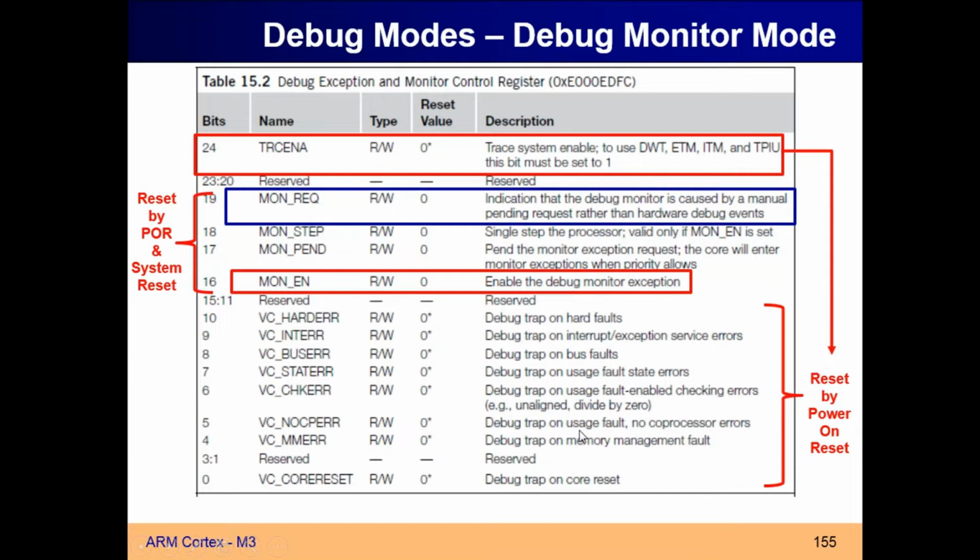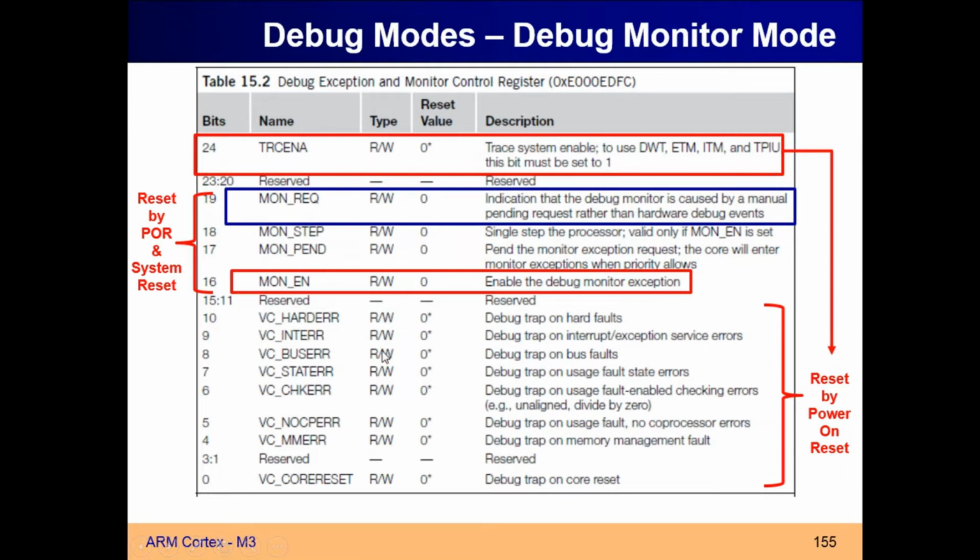Here the processor will be halted on a usage fault dedicated to the coprocessor instruction. When you try to execute a coprocessor instruction, it will halt the processor. Similarly, this is for memory management fault. This is for core reset. So these are known as the vector catches.